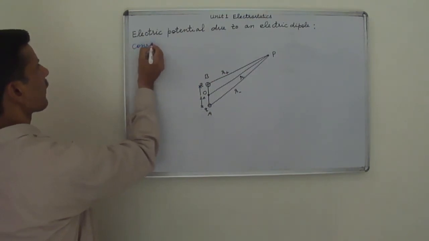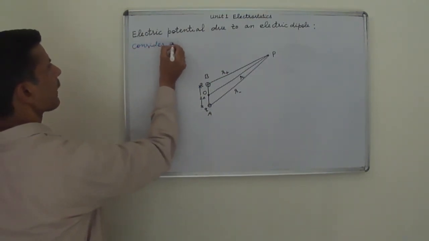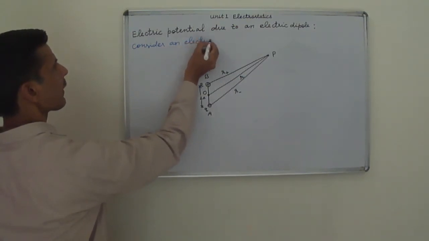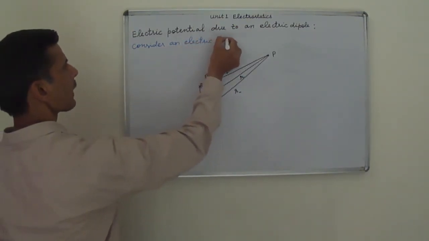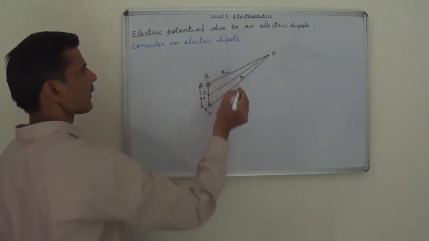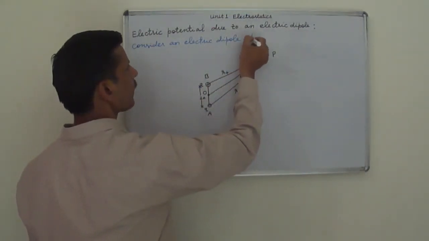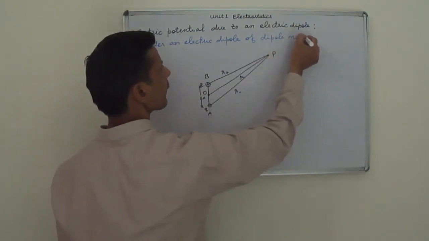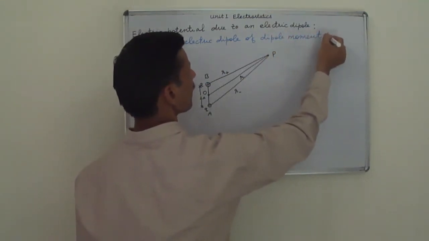So consider an electric dipole of dipole moment P vector.